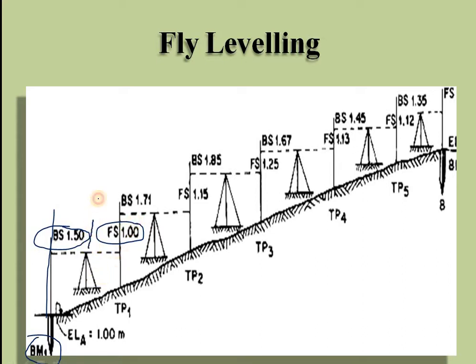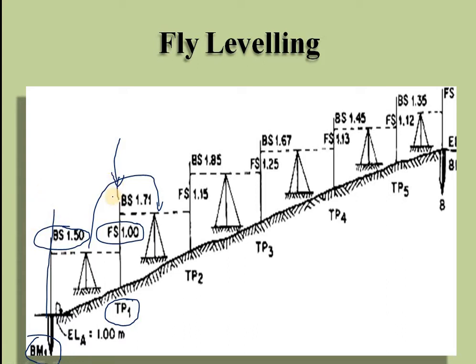Again the instrument is changed to another point, and the staff in between the two instruments will be the FS and BS, which we will term turning point 1. TP1 is known as turning point 1. Wherever the FS and BS are taken on one leveling staff, that is known as a turning point. Please remember, this is very important.